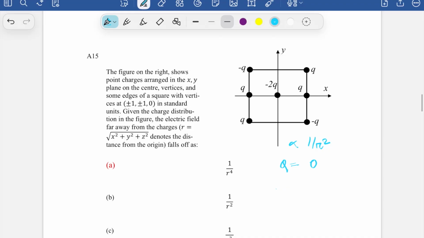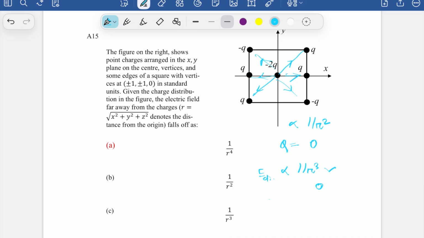Then the next higher order term is the dipole term, which goes as 1 over r cube. The electric field corresponding to the dipole term goes as 1 over r cube. You can see the dipole term, if you take each component, each will cancel out. If you sum up the dipole term, you will see the net dipole moment is 0. So this term will also not contribute.